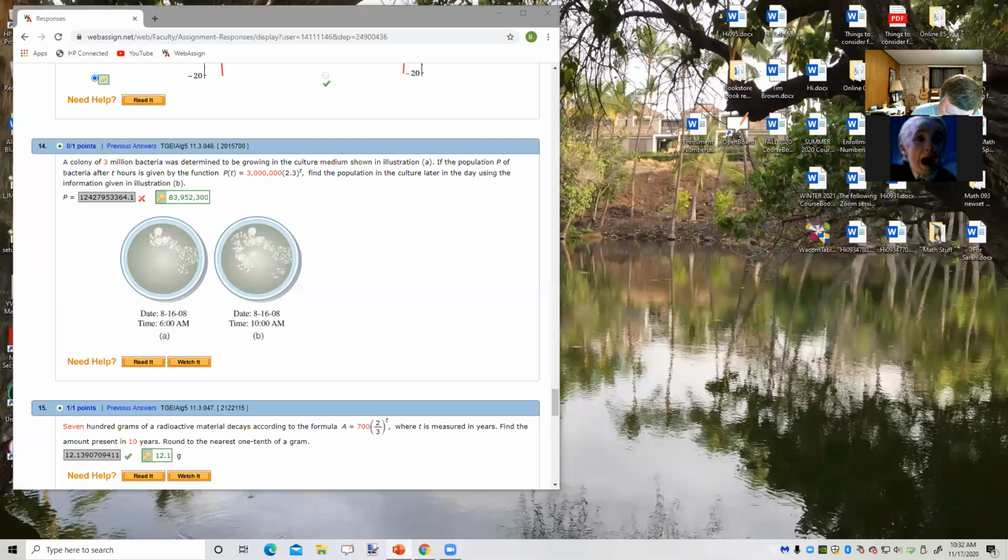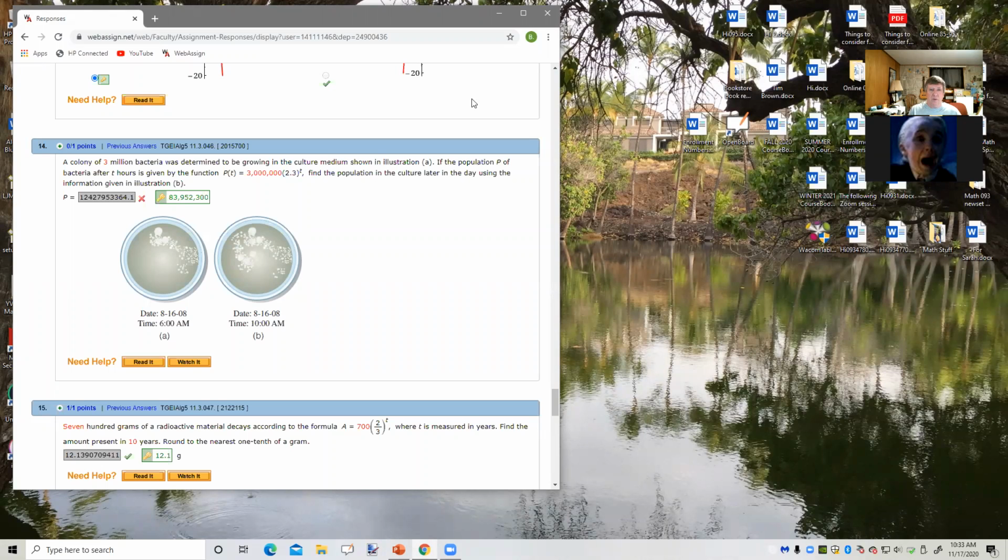Given that P of T equals 3 million times 2.3 to the T power, we need to find P of 4. One other thing I want to mention, notice that the base of the exponential part is 2.3, which is larger than 1. So this is a case of where a population is growing, okay? It's not decaying, it's growing.